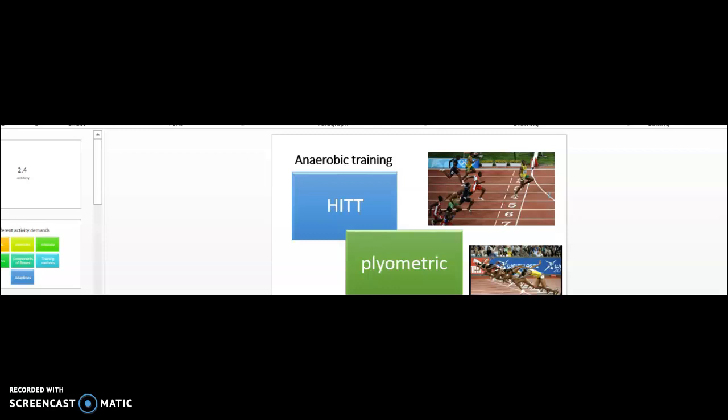This is because anaerobic adaptations gained from training would include an increase in muscle mass and size, and these activities include explosive power, movements and contractions, and therefore these larger muscles are more successful in performing these types of contraction.